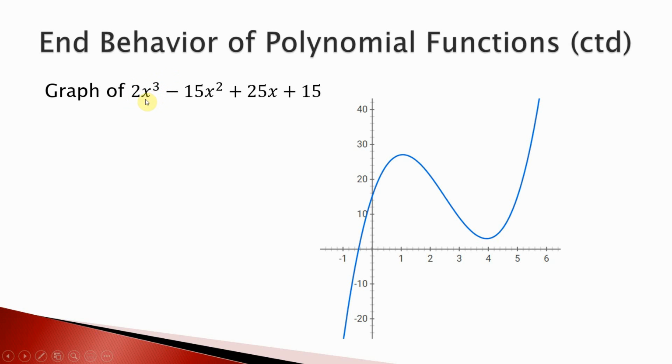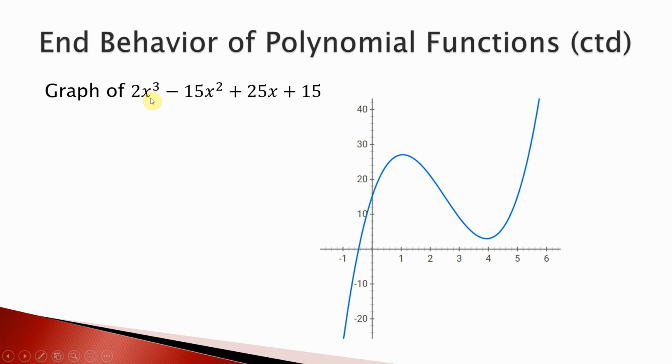When x goes to the far right, this will be a very big positive number, and when you cube it you get an even bigger positive number, and when you multiply it by a positive number you get another positive number. So as you make this bigger and bigger, it will go upward.